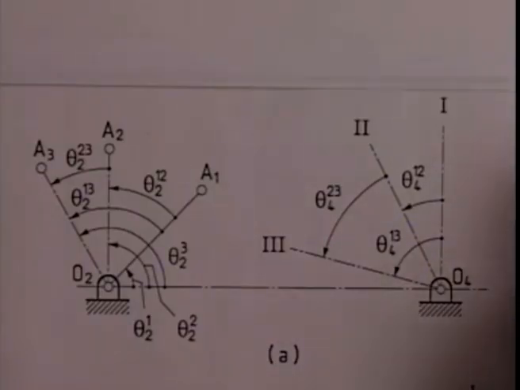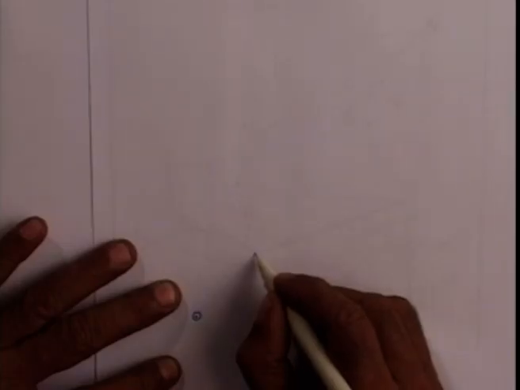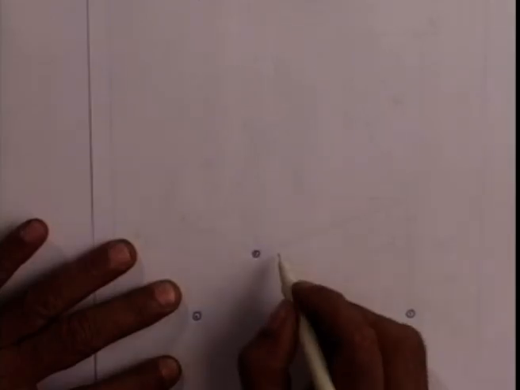To do this, we proceed as follows. So, let me now first choose the fixed hinges O2 and O4 arbitrarily. This is O2 and this is O4. We also choose the first position of the crank pin A arbitrarily, say here, which I call A1.